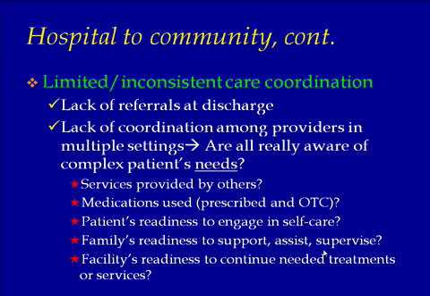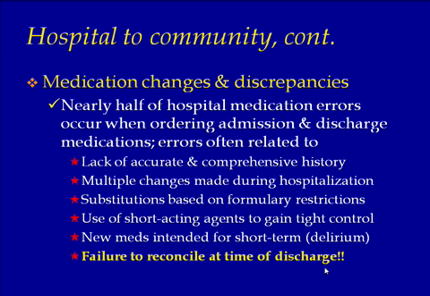There's often not good coordination among providers in multiple settings. And there are lots of questions, as outlined on the slides, about who knows what about complex patients' needs. And are they really ready to provide self-care activities as has been planned in the transfer plan?